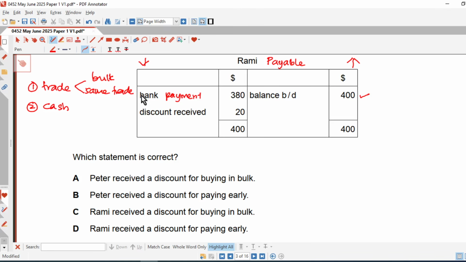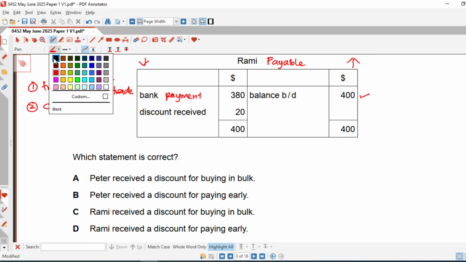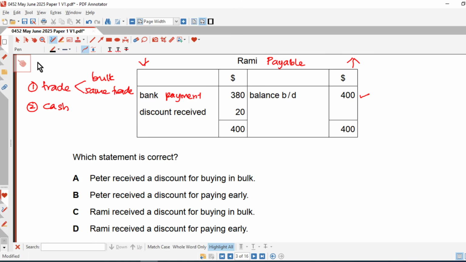But the thing about trade discounts is that they never appear in the ledgers. So that's a note to take note.